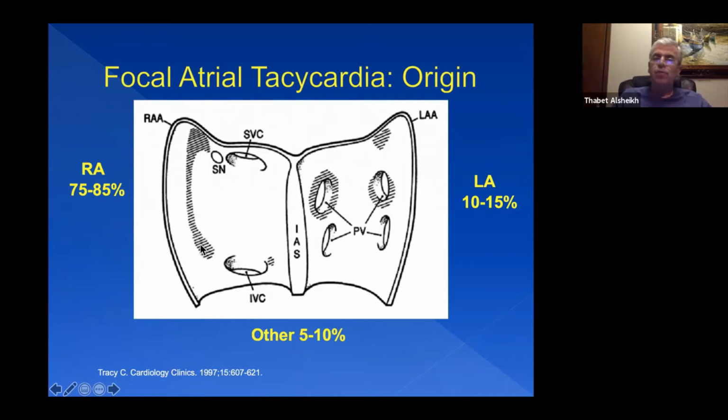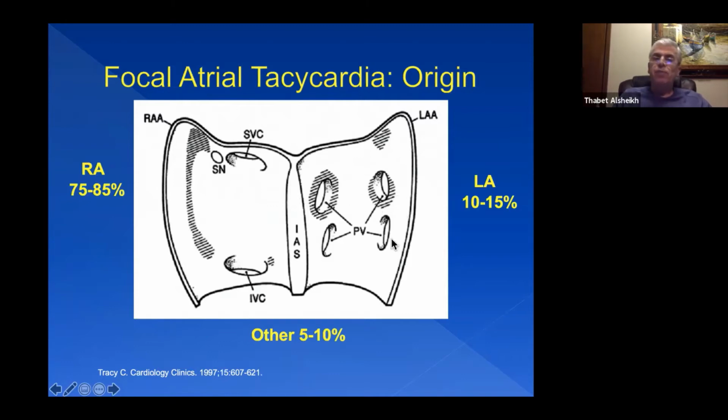We talked about it when we talked about anatomy, which is the crest or the area that separates the smooth posterior right atrium from the rough pectinate lateral and anterior right atrium. At the top edge of that crista, that's the site of the sinus node. So this crista terminalis is the site of origin for most focal atrial tachycardias.